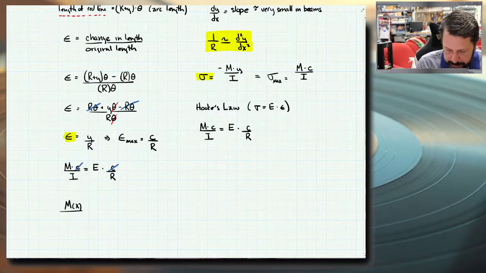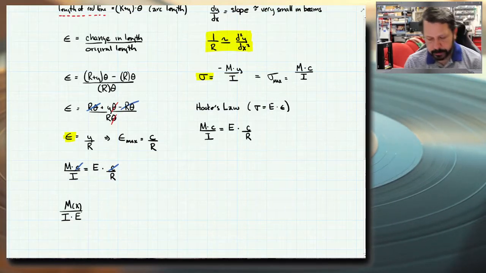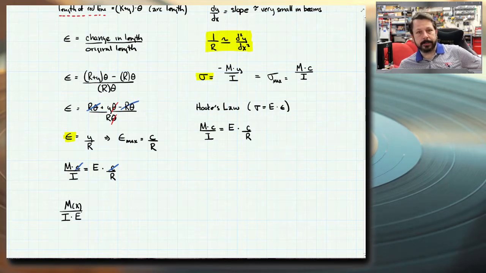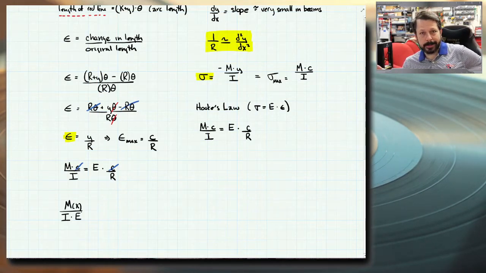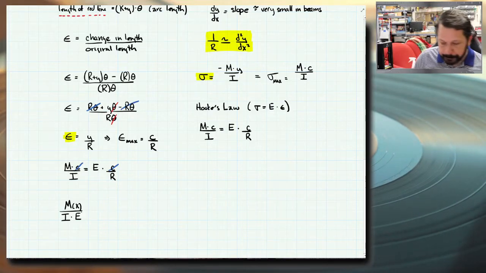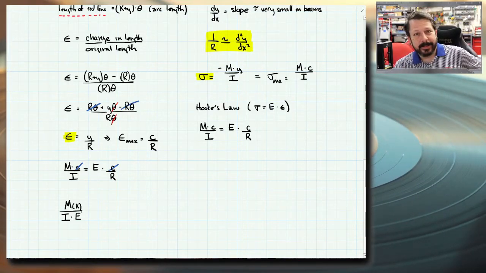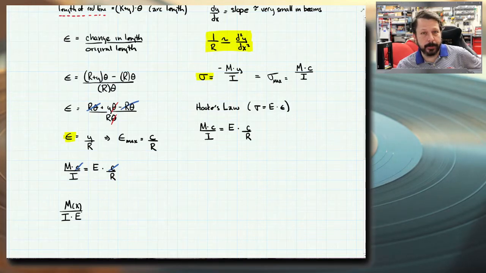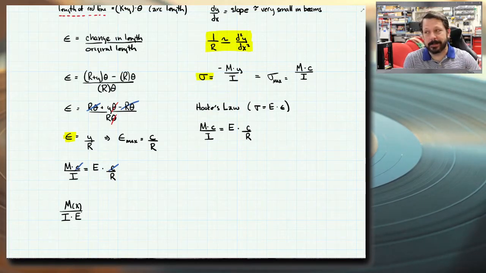So we have I down here and E. I want those two together because they're both constant. E is a material property that shouldn't change from the beam. And I is the cross-sectional area property, moment of inertia, and that shouldn't change throughout the beam. So I'm going to keep them together as constants.